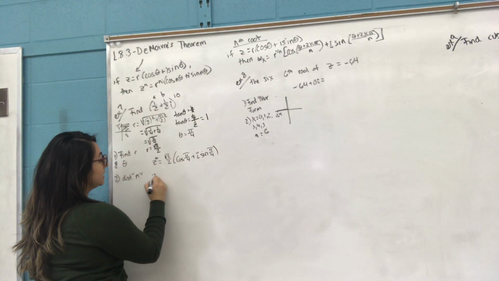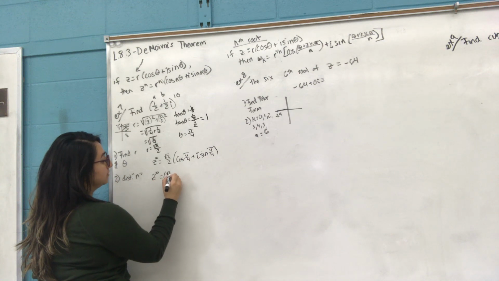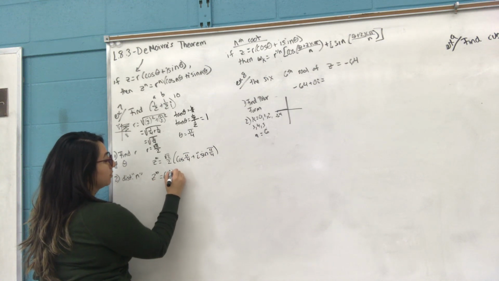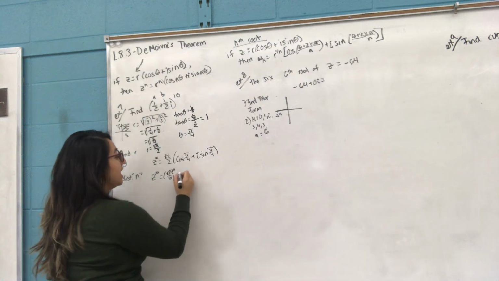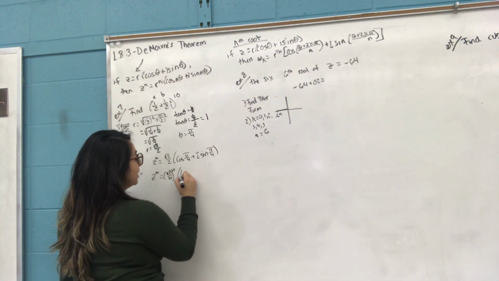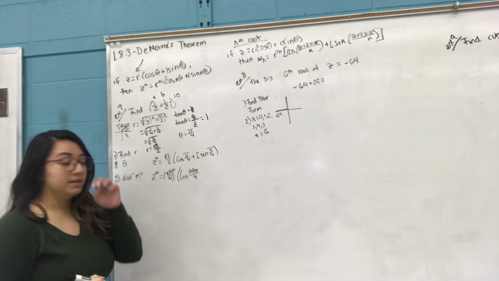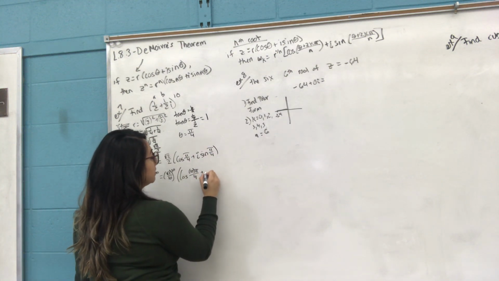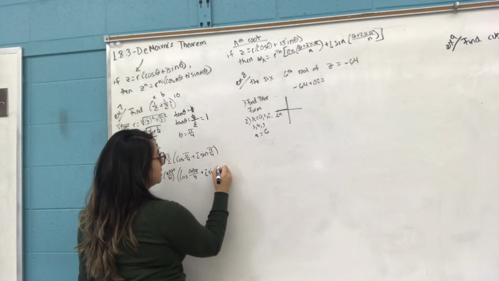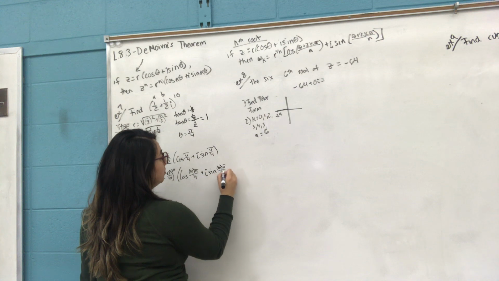So z to the 10th power, I would have to apply the 10th power to my modulus and apply my 10th power to my argument there. So I have 10 here, and then plus i sine of 10 times pi radians over 4.